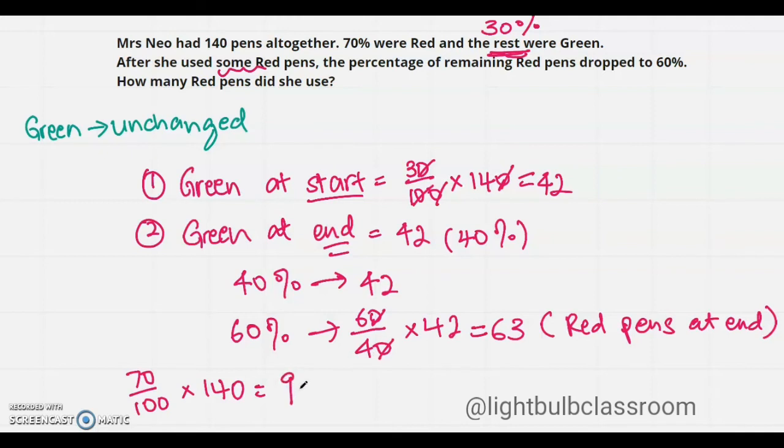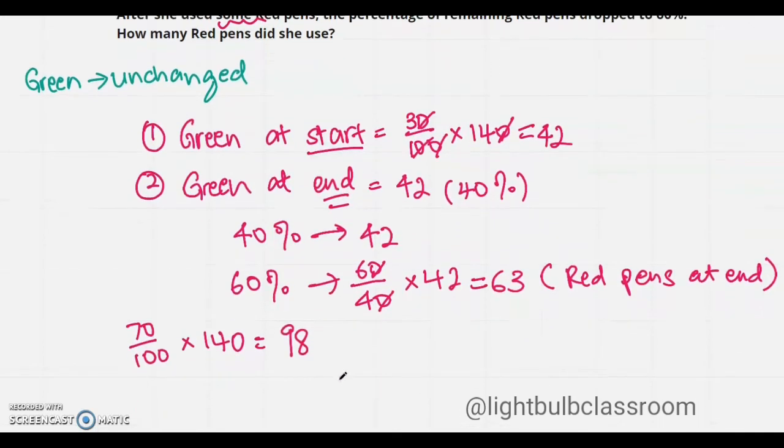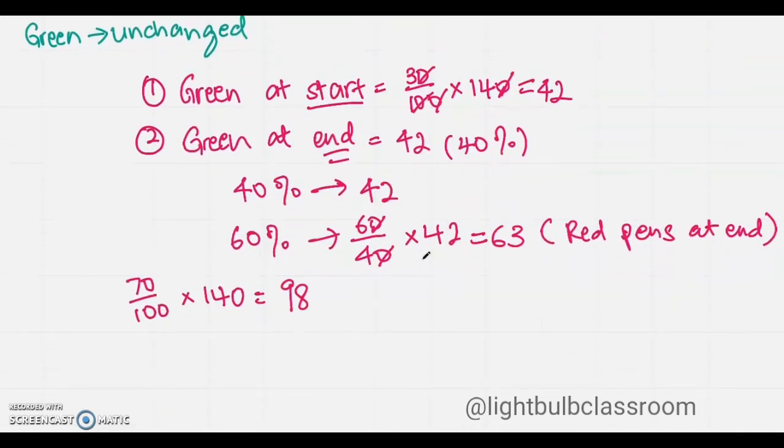This gives me 98 red pens. So if she had 98 in the beginning and she has 63 left, how many did she use? 98 minus 63, which is 35 red pens.